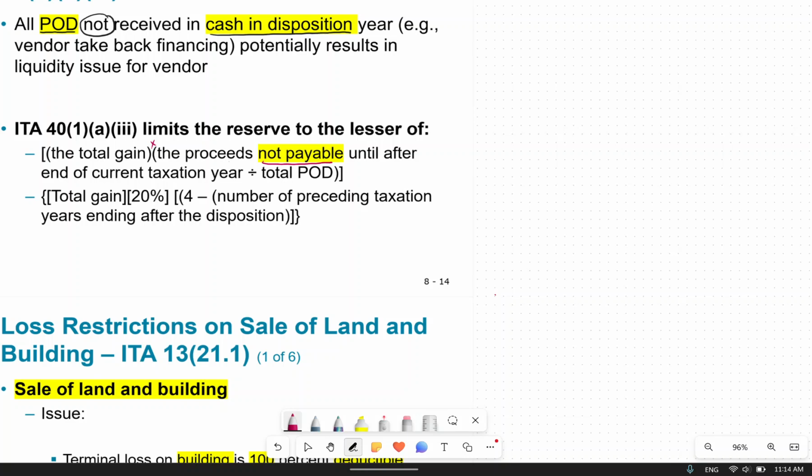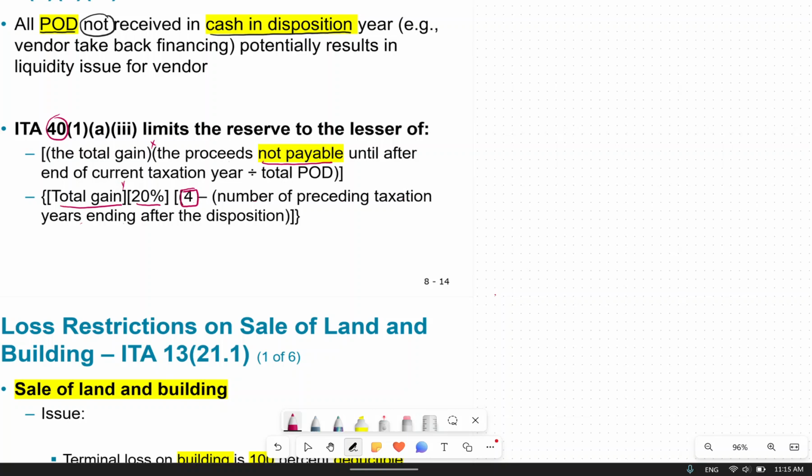Or what we're doing is taking the lesser of both amounts: the total gain, and then 20% times 4, the number given to us by the Income Tax Act, section 40. So 4 minus the number of preceding taxation years ending after the disposition.